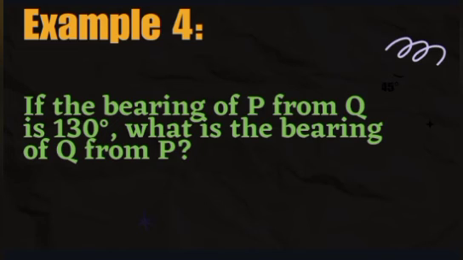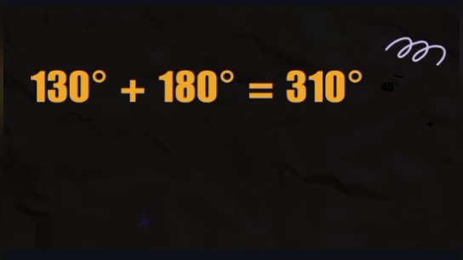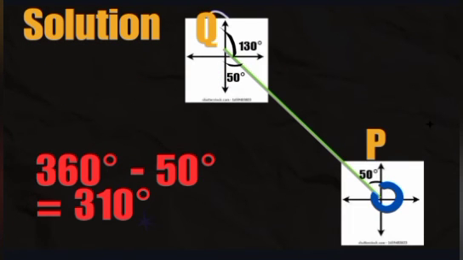That is, you will get the bearing of Q from P. If you do that, you will have 130 plus 180, and that gives us 310. And that was exactly what we got in the first method when we did 360 minus 50.